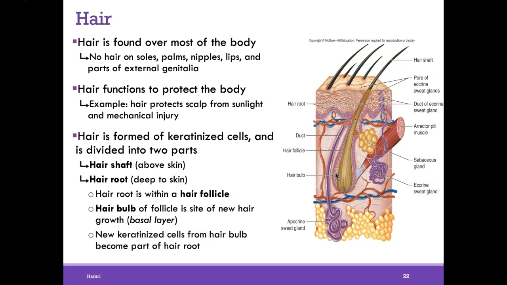And the bulb is nourished by a dermal papilla. So the bulb grows around the dermal papilla, which can provide the hair with the nutrition it needs to continually grow. So all of the cells up here are dead. All the cells outside of the hair bulb are dead.